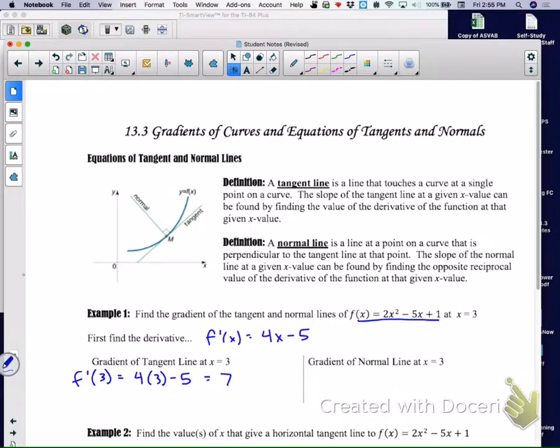The gradient of the normal line is going to be the opposite reciprocal slope. So 7, think of that as 7 over 1. That would give me a negative 1/7. Okay, and that's it.